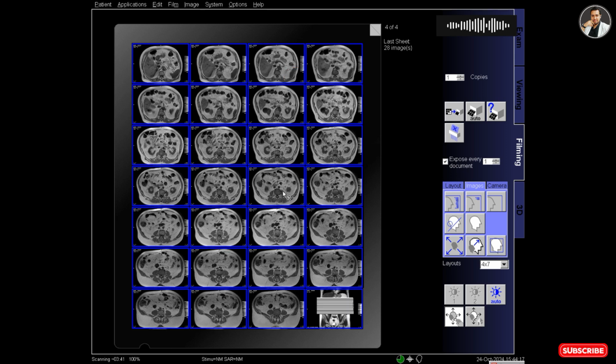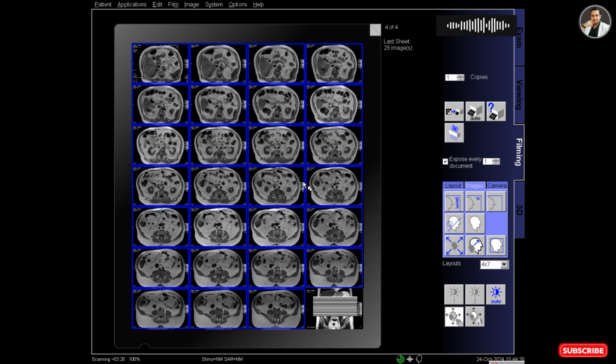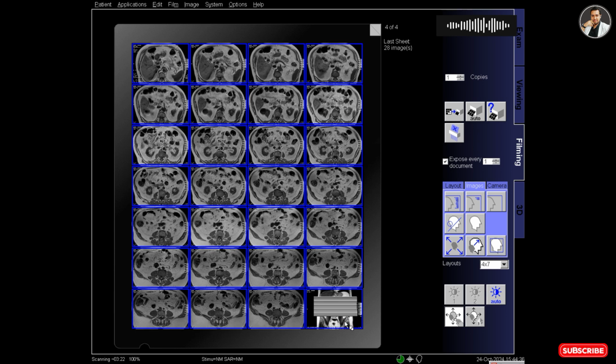Adjusting the contrast and adjusting the zoom and pan. In the first segment I keep all the information of the patient and the parameters, and in the rest of the segments I keep minimum information.